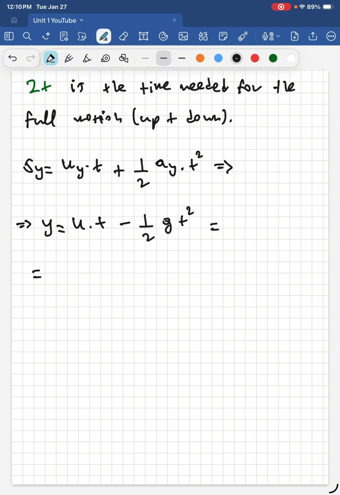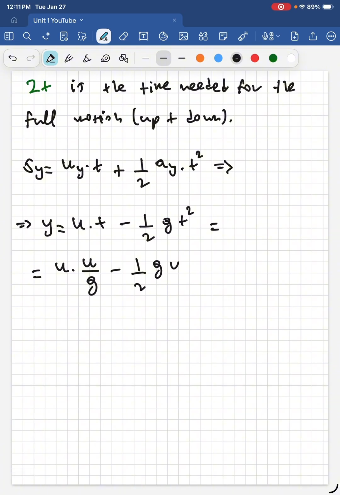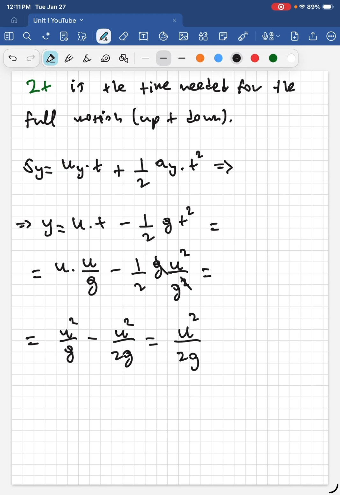If we use the t that we just found, we can write u times u over g minus 1/2 g times u squared over g squared, and this g cancels. So we have u squared over g minus u squared over 2g. So the maximum height reached is u squared over 2g.